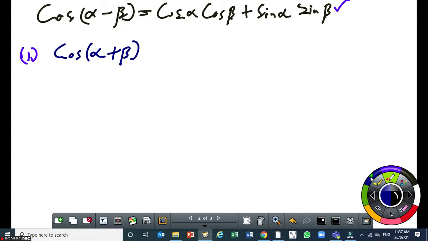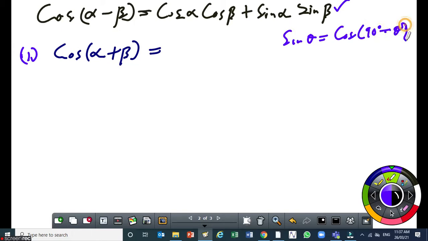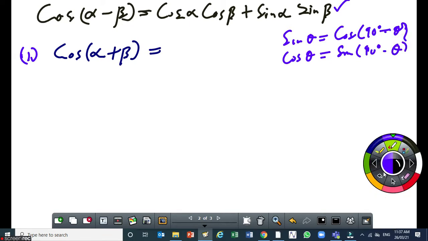So this is the subtraction, that's the what? The addition. Okay? So on the right hand side, to carry on, you have to use your knowledge of co-ratios, co-functions. Okay? Remember, you said last year sine theta is equal to cos 90 minus theta. Am I right? And you said cos theta is equal to sine 90 minus theta. That was from last year. You remember that? Yes.